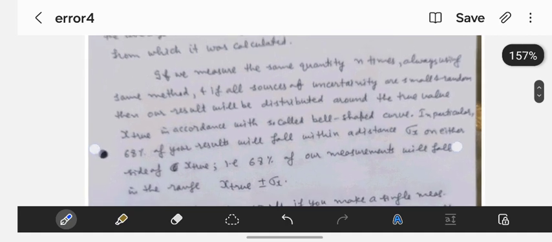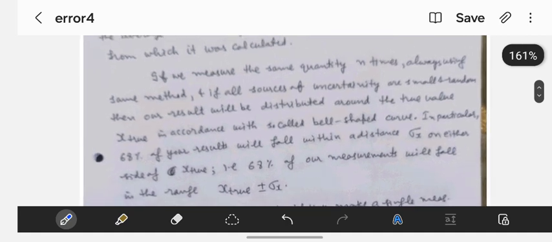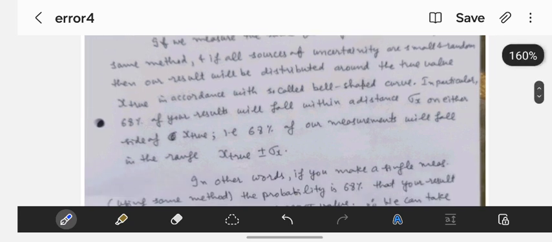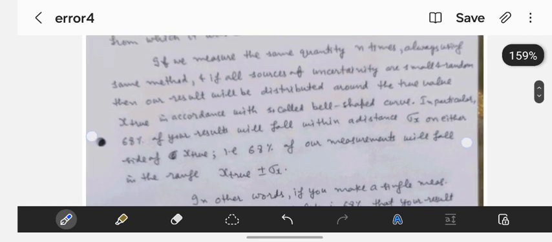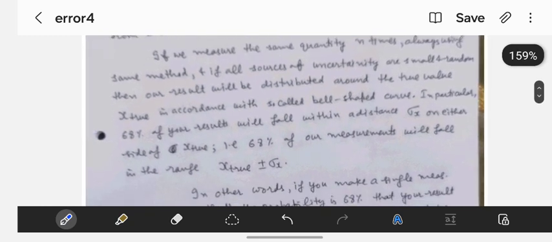If we measure the same quantity n times, always using the same method, and if all sources of uncertainty are small and random, then our result will be distributed around the true value. I hope you understand this. If we are measuring something, then definitely we will get different results.